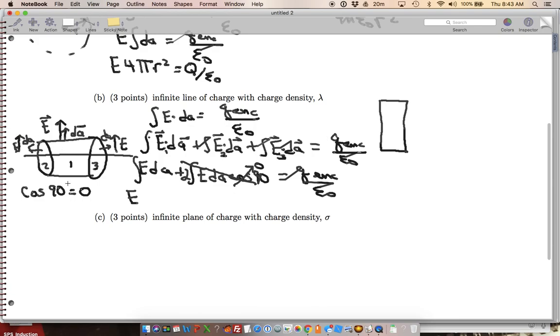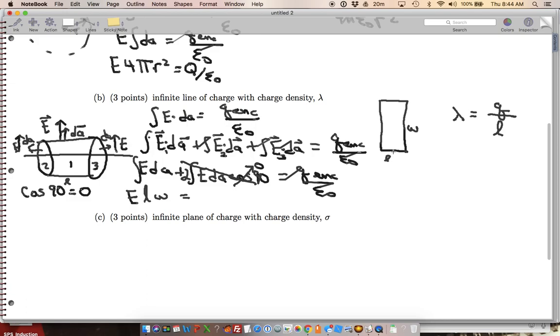And if we call this our length, and this is our width, then my dA is going to be length times width. So L times W is equal to, now let's talk about Q enclosed. They tell me this charge density lambda, and lambda is equal to the charge, Q, over the length.